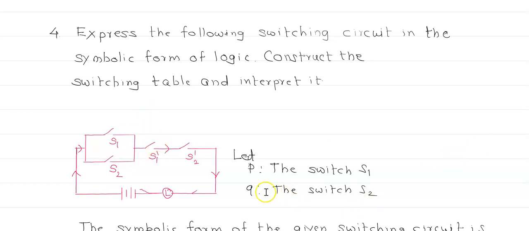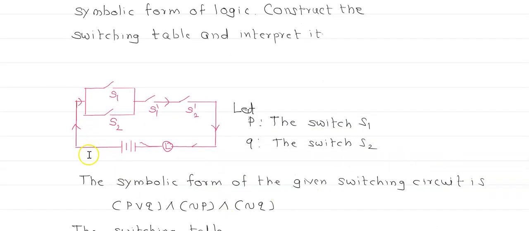Now see this here. P the switch S1, Q the switch S2, the symbolic form. Now see this. This is P or Q and negation of P and negation of Q. This is the symbolic form of the given circuit. It's very simple.